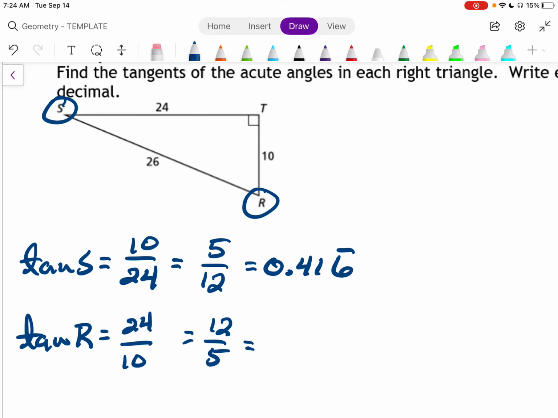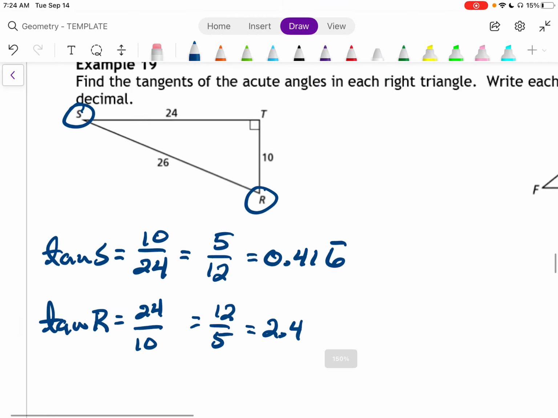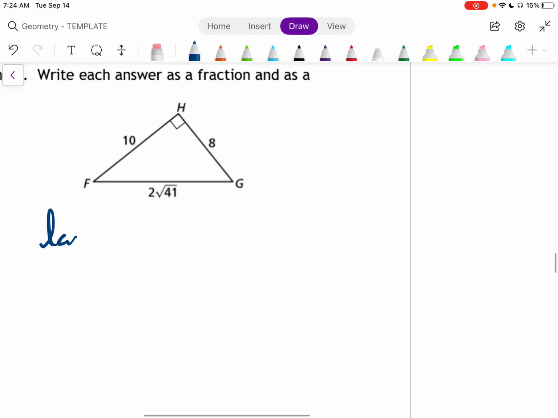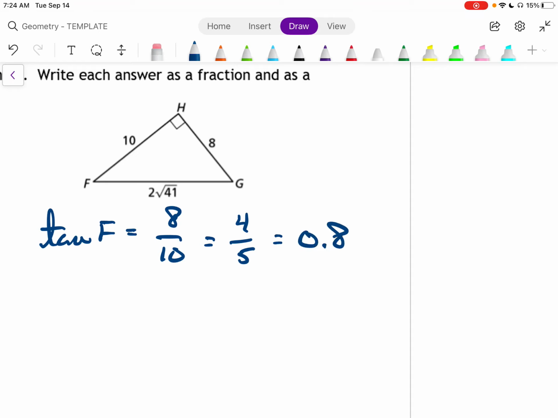And then whenever I take 12 divided by 5, I get 2.4. All right. Next up here, we have tangent of F, opposite 8 over adjacent 10, which is 4 over 5, which is 0.8. Then we have tangent of G, 10 over 8, which is 5 over 4, which is, what is that, 1.25.